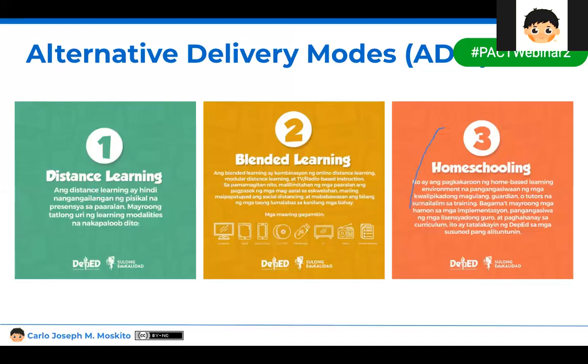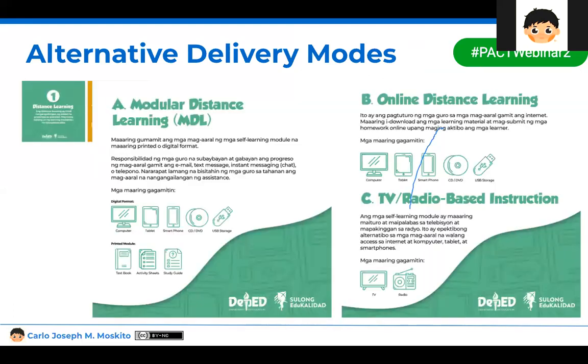Under the alternative delivery modes, we have distance learning. And according to DepEd, for distance learning, you don't need to physically go to schools. You just need to enroll into these three modalities. You have to be enrolled in the modular distance learning, wherein the school, the DepEd will provide you with modules, printed ones or digital ones, and you answer it on your own pace.